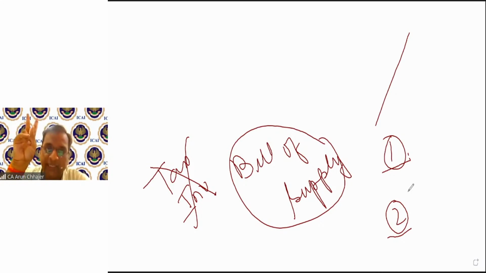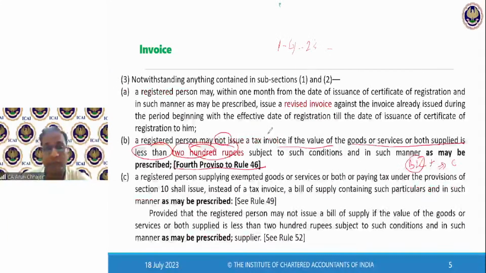मैं अगर रेगुलर कैटेगरी के रूप में रजिस्टर्ड हूं एंड आई एम मेकिंग द exempted supply, Divyanshi Agrawal, thank you so much. If I am making the exempted supply, then I will issue the bill of supply. So this is what is written, that bill of supply would be issued by a registered person supplying the exempted goods and section 10.